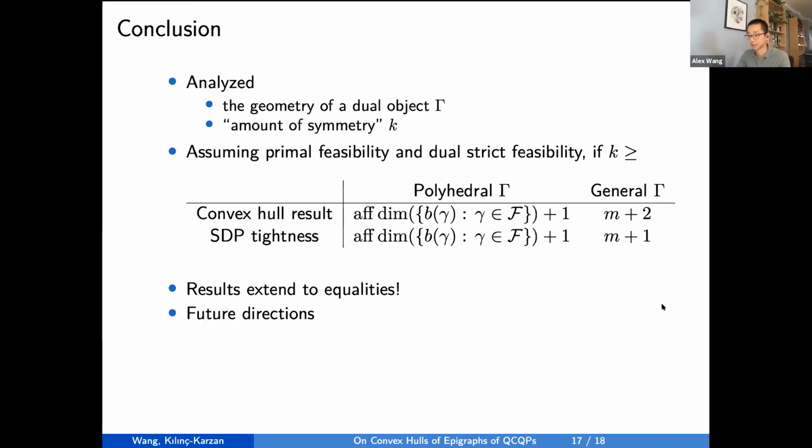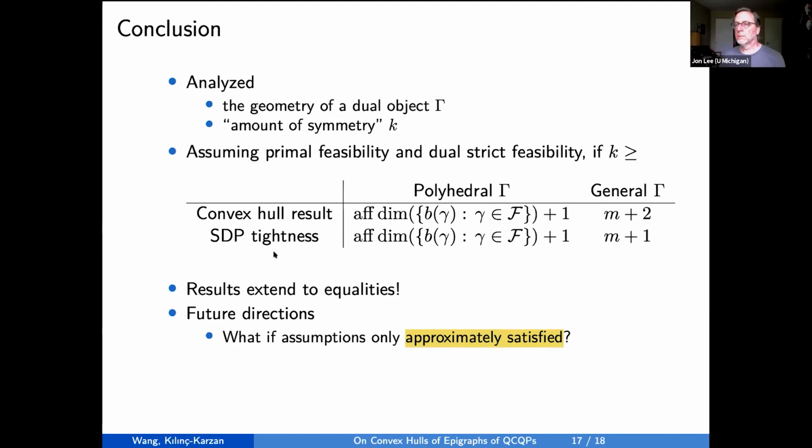Let me just conclude with some future directions. Any sufficient condition for either the SDP tightness result or the convex hull result will necessarily be quite strict, simply because we don't expect these results to hold for super interesting classes of problems.